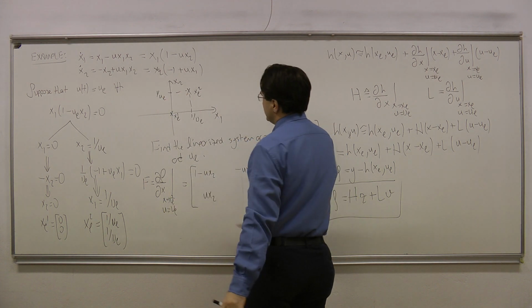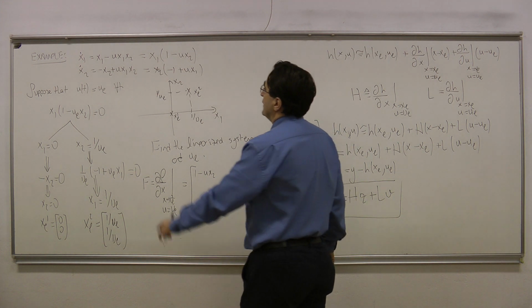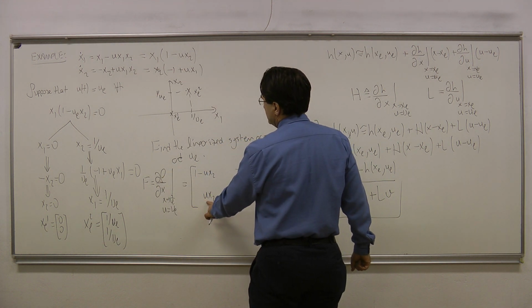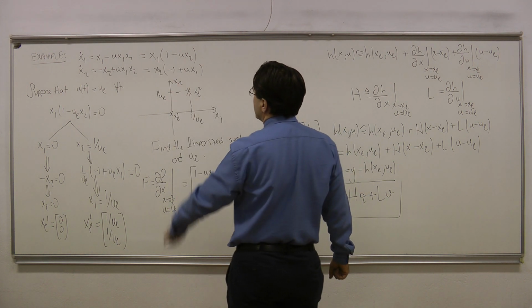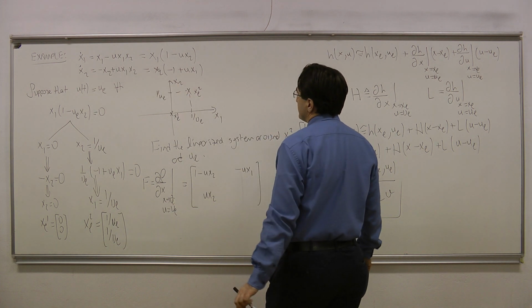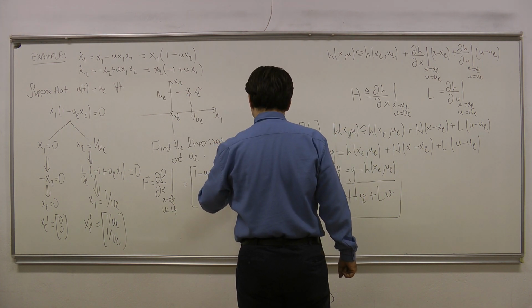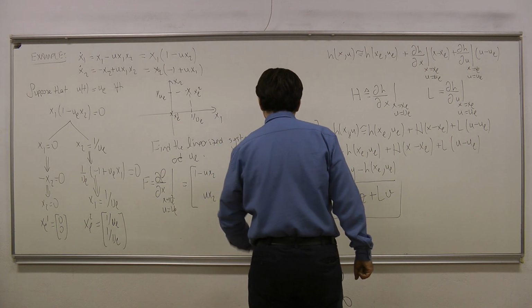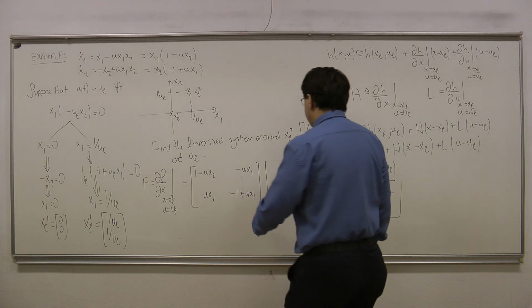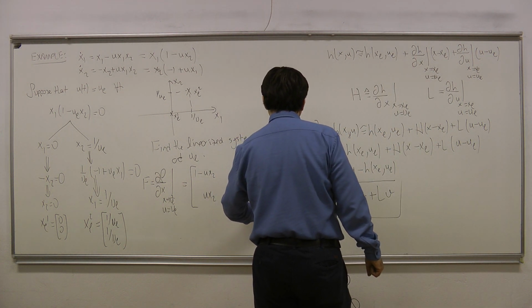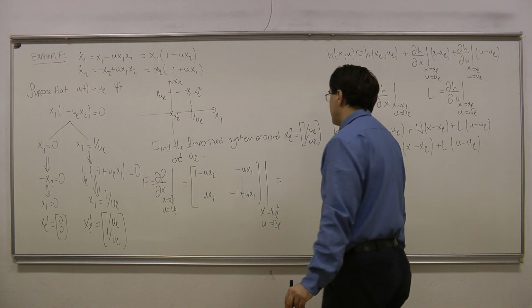And in the notes, this is written wrong, so please correct this. This is not ux1. It has to be ux2 as you see. And taking the derivative with respect to x2, it's going to be minus 1 plus ux1. Okay? And I will evaluate this matrix at x equals to xe2 and u equal to ue.